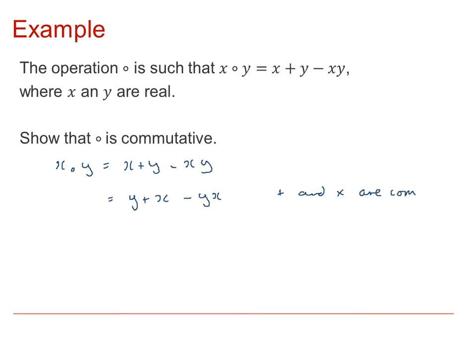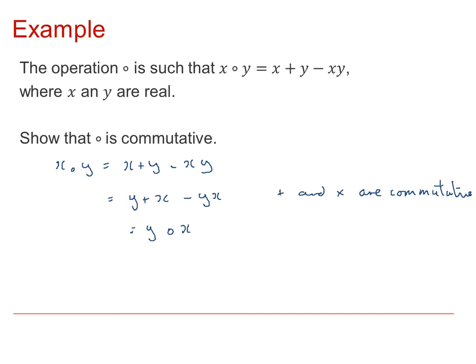We know that for normal multiplication and normal addition, they are both commutative, and this is just equal to yx by definition, y circle x. The other way of doing it would be to show that y circle x is equal to the definition for x circle y.